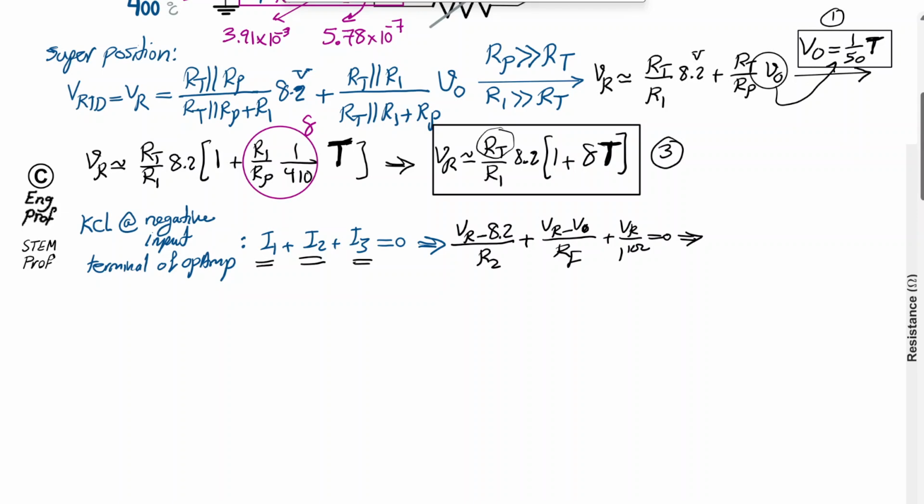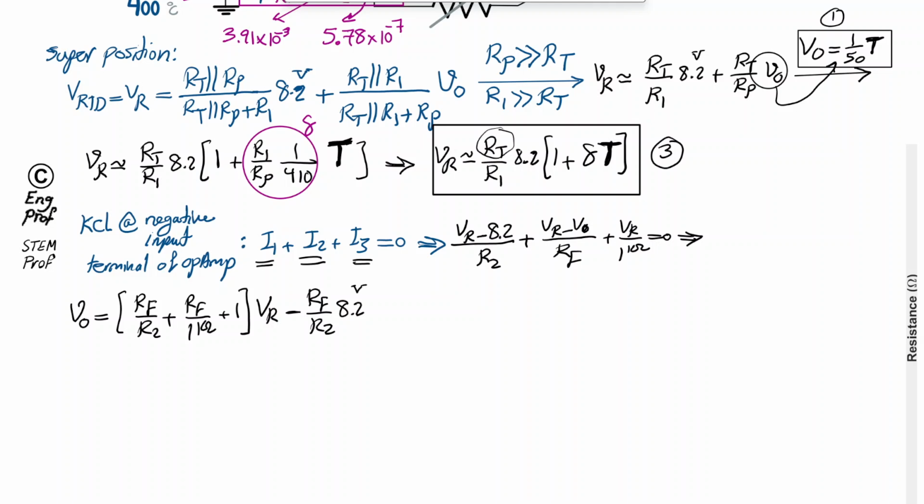Okay, so if we clean up everything, what we're going to get out of this is a very simple equation. Vout equal to RF over R2 plus RF over 1 kilo ohm plus 1, times VR, minus RF over R2 times 8.2 volt.